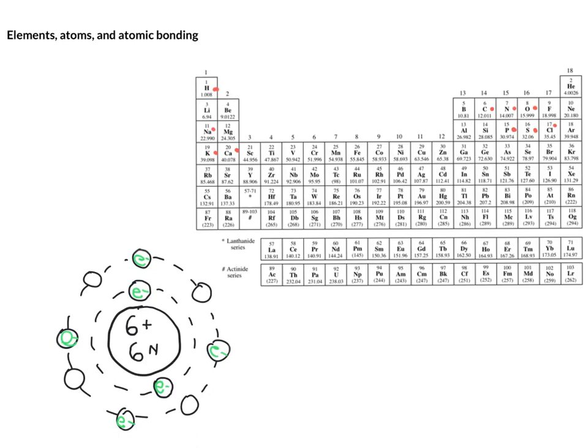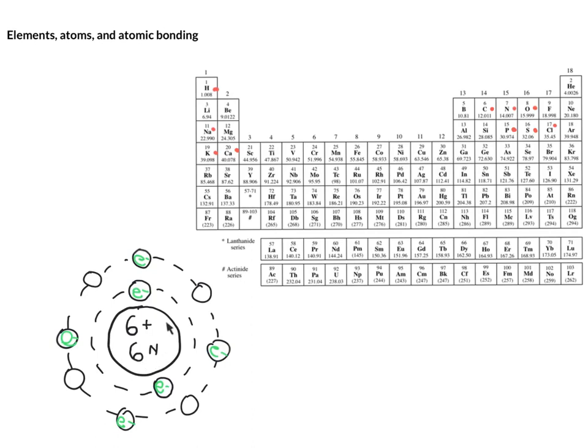So before we move forward, let's just quickly review what we know. We've got 10 elements on the periodic table that we're going to be responsible for in this class, and we should be able to recognize and use the atomic symbol to represent each of those elements, and we should also be able to identify what the number above the atomic symbol means. That is the atomic number, and it refers to the number of protons that are in the nucleus of atoms of that element.